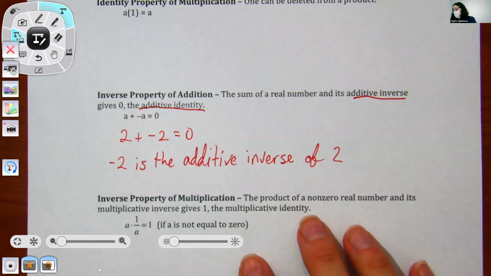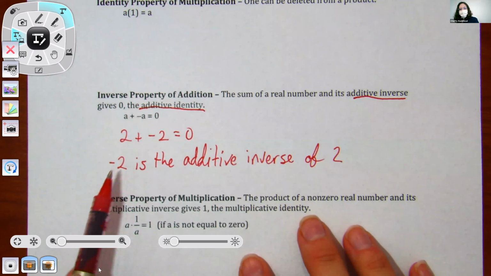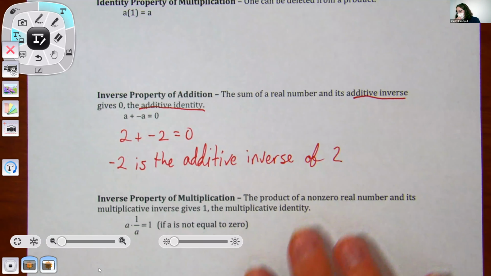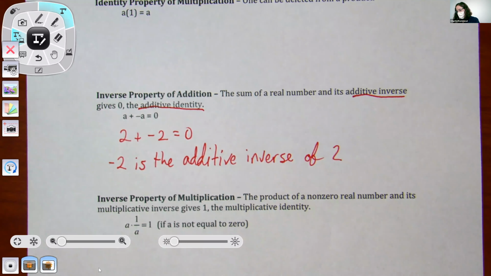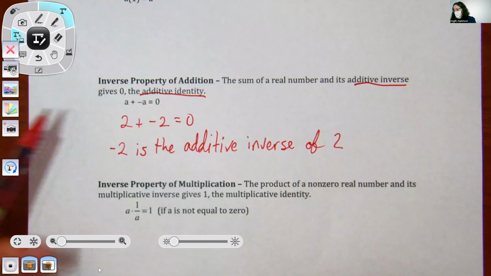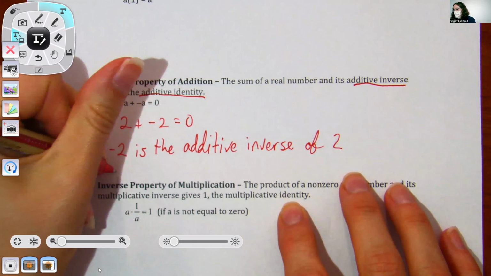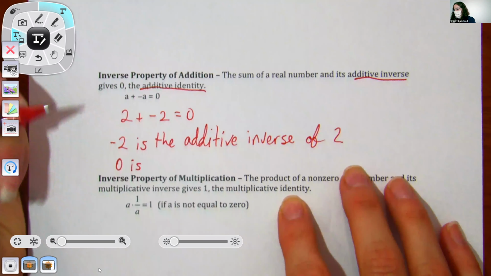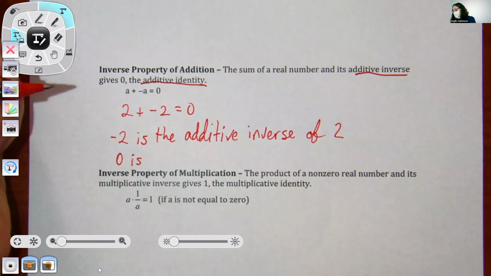Positive 2 is the additive inverse of negative 2. The additive identity is 0, because that's the number that you can add to anything and it doesn't change the number.